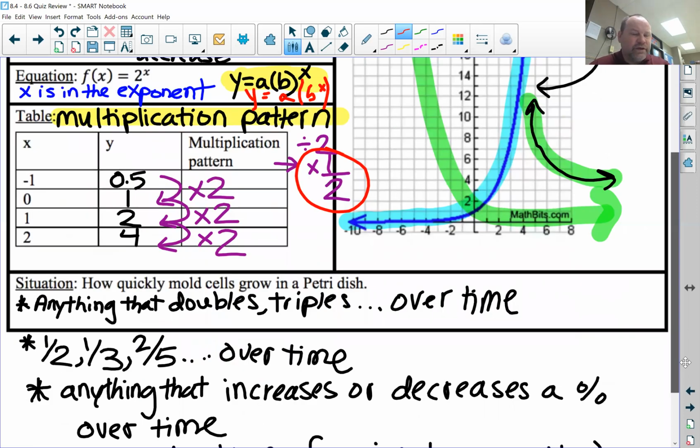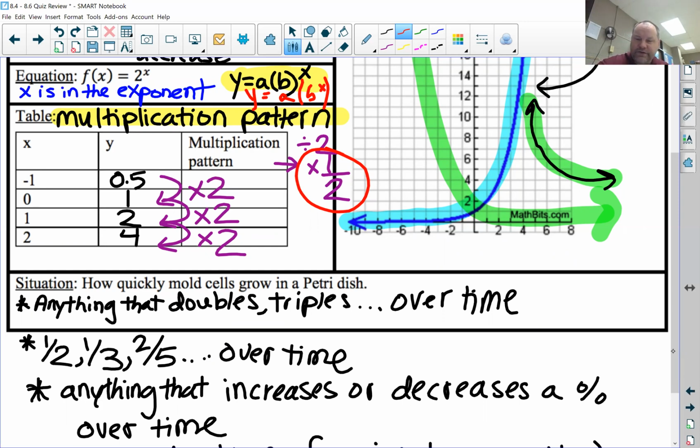Situations that can be described with an exponential function: how quickly mold grows in a petri dish. Anytime you see something that doubles or triples or quadruples over time, it's always being multiplied by something. That's exponential growth. It could also be multiplying by a half or a third or any fraction, any number between 0 and 1 over time.